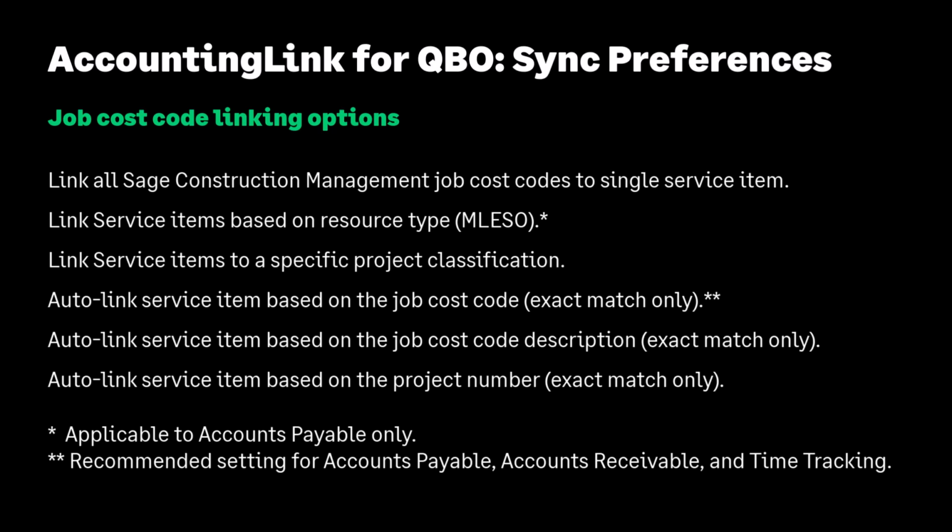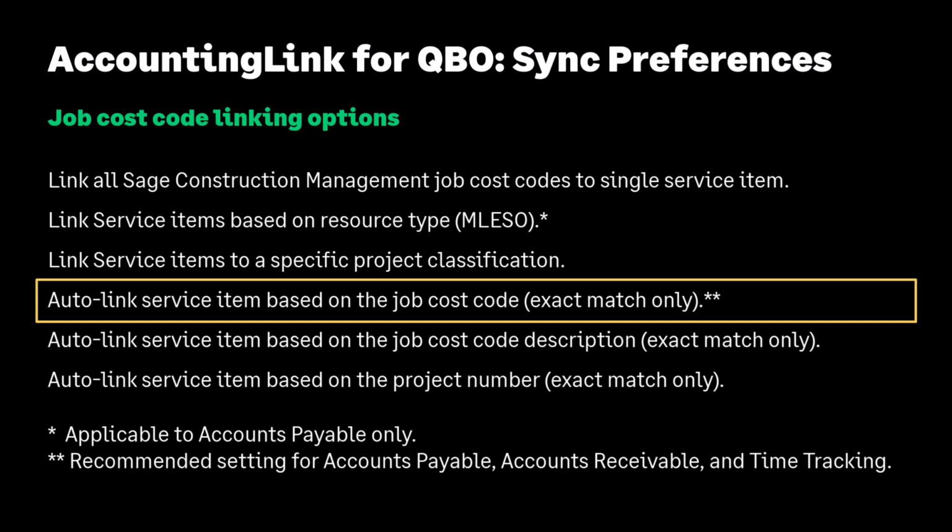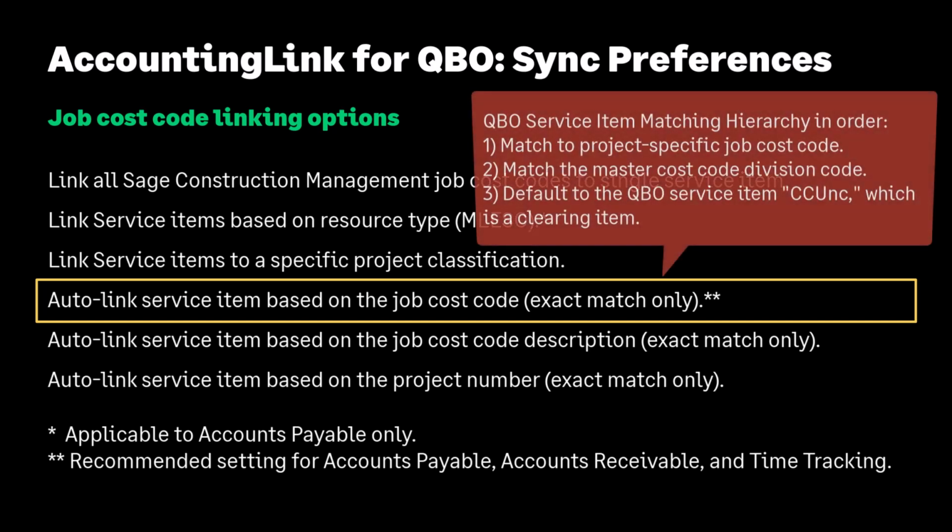However, the option just above that, AutoLink service item based on job cost code, exact match only, is very commonly used. In this situation, the CoreCon link is going to look for a job cost code number. If that job cost code number is showing up as a service item in QuickBooks, that's where that information will post.